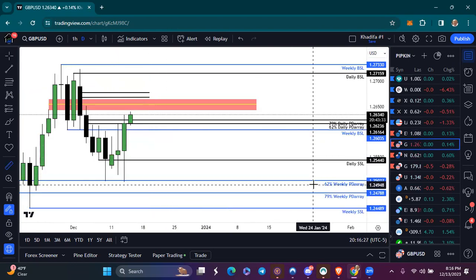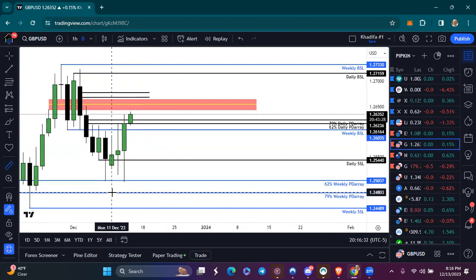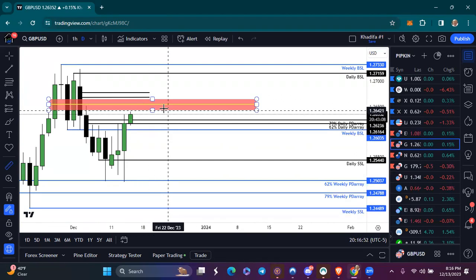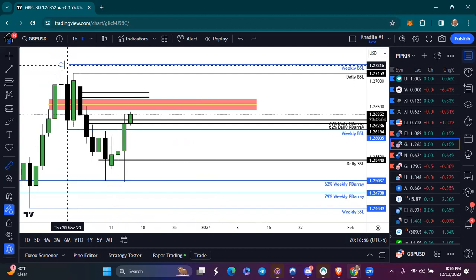So, same thing with the pound. We wanted to see pound pull down, retest the weekly PD array levels, right? And push higher to these daily PD array levels here from December the 5th, right? Now these are our next targets here from December the 4th and so forth on up to eventually run the weekly buy side liquidity.